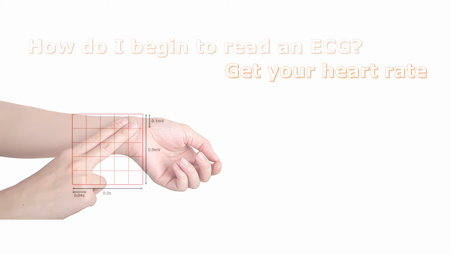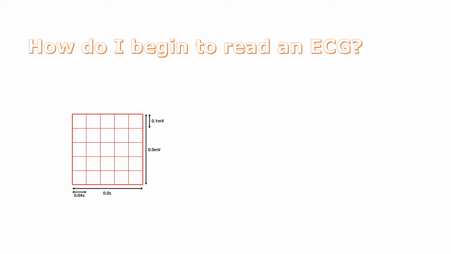Now, how do I begin to read an ECG or an electrocardiogram? Well, doctors use paper, and this paper is at a speed of 25 millimeters per second. It has a lot of squares of these sizes. Each small square measures 1 millimeter, and 1 millimeter represents 0.04 seconds.